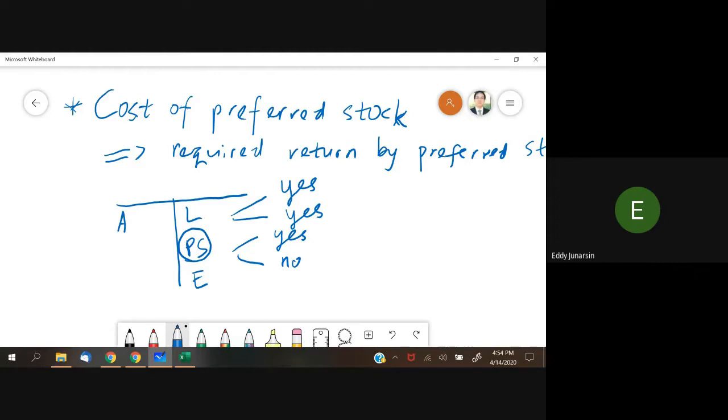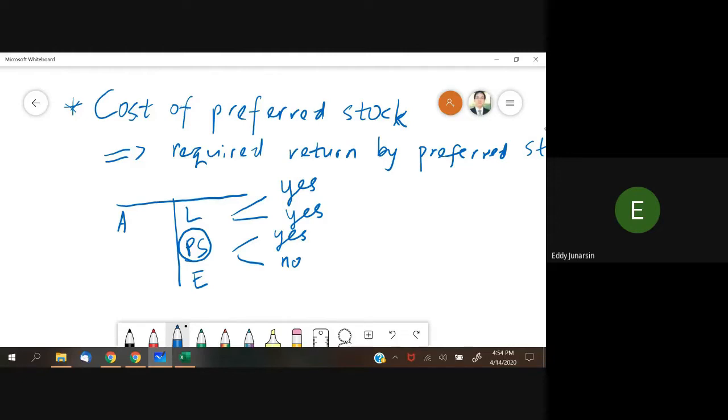So the company will not deliberately delay the payment of preferred dividend, because that will render the company unable to pay the common dividend as well, right? But again, you see the difference here. We are obliged to pay the preferred dividends, but the dividends could be deferred, could be accumulated to maybe the next period, or even the period after the next, right?